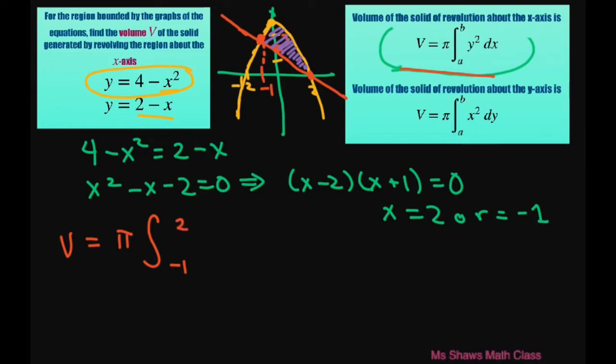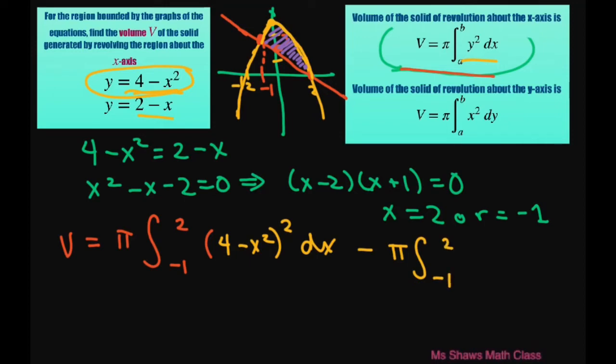And then we're going to write the upper bound, what's enclosing the upper part, which is this one. So you can write 4 minus x squared, then you square it, dx, based off our formula. And then minus pi, and then use the same bounds, negative 1 to 2.